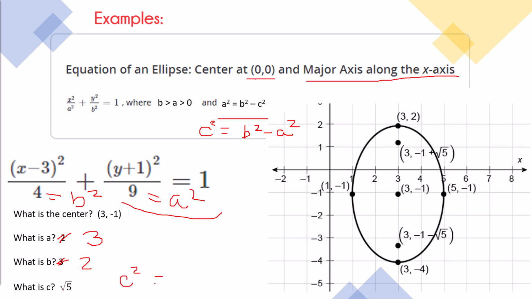C squared equals 9 minus 4. We're going over what we went over previously, slowing down to make sure we understand that formula. So c squared equals 5, and if you take the square root of both sides, you get c equals square root of 5.